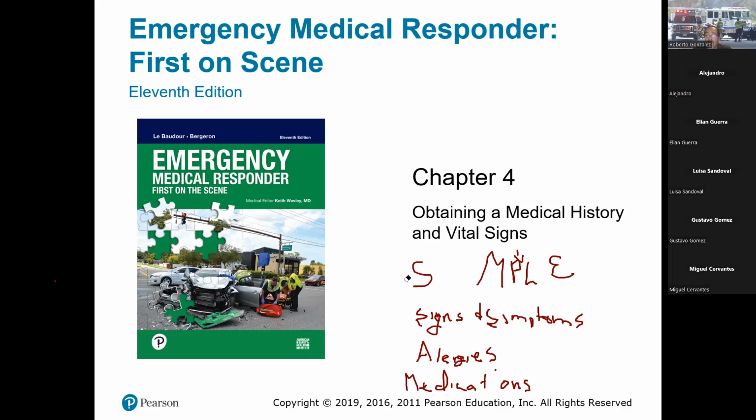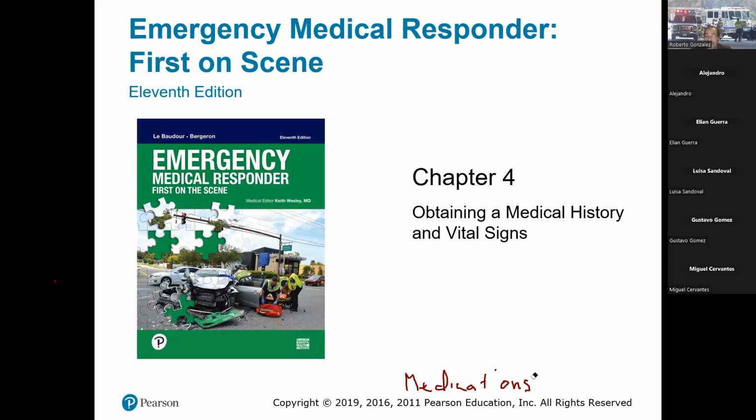Or just sitting down before you got your chest pain? That would dictate that they might actually have, let's see, a chest pain basically by definition stands for, let me just get this.